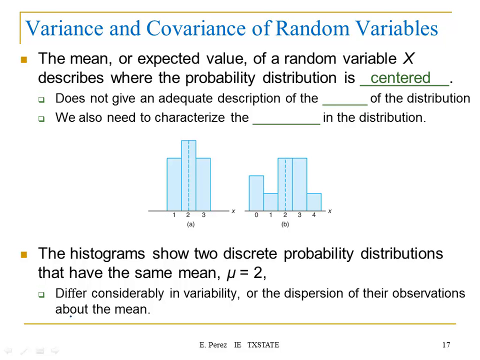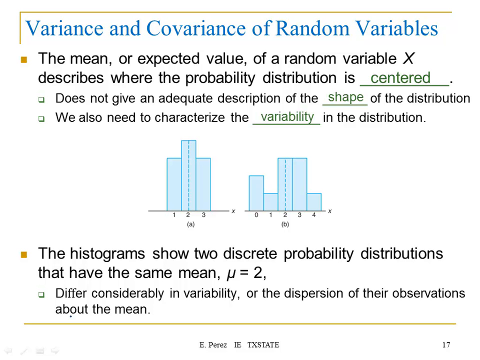But this mean does not give an adequate description of the shape of the distribution. If you want to know how dispersed the data points are, you need to look at different measurements. That's why we use the variance. We also need to characterize the variability in the distribution. In this slide, I present two different graphs.